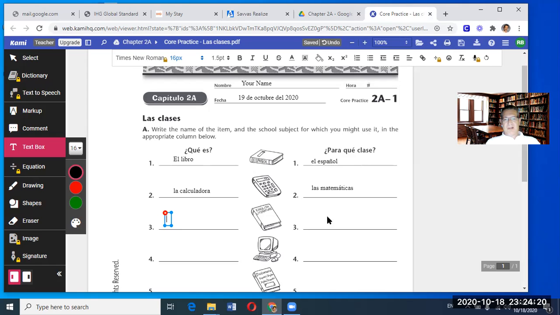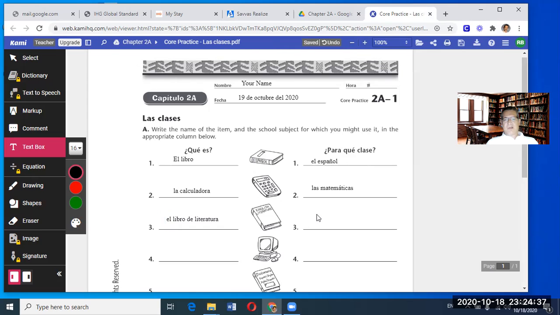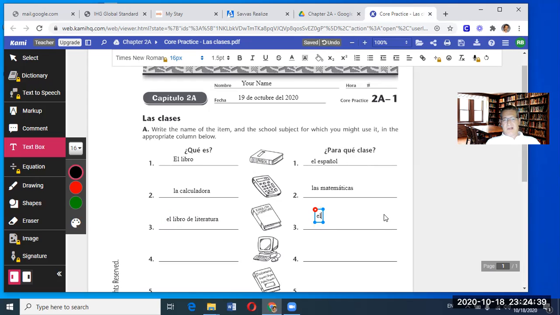And again, el libro, but this time English literature. El libro de literatura. The literature book. For what class? El inglés.